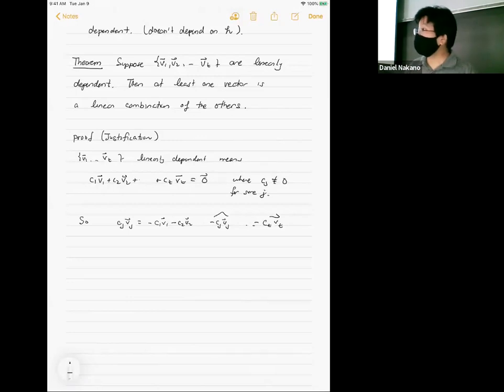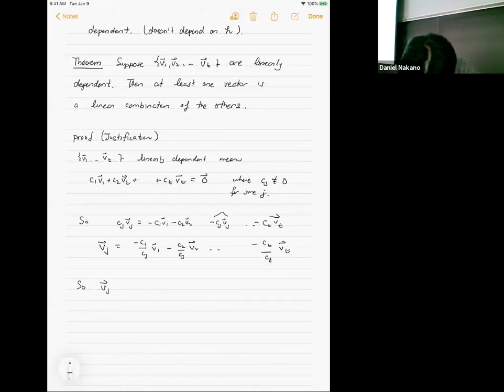And since Cj is not equal to 0, we can just divide. So Vj equals minus C1 over Cj V1 minus C2 over Cj V2, and so on, minus Ct over Cj Vt. So what this says is that the vector Vj is a linear combination of the other vectors.